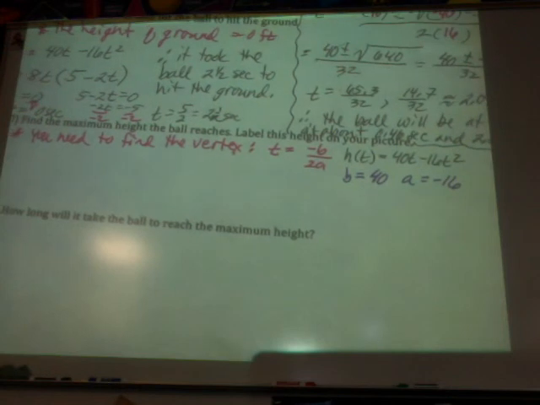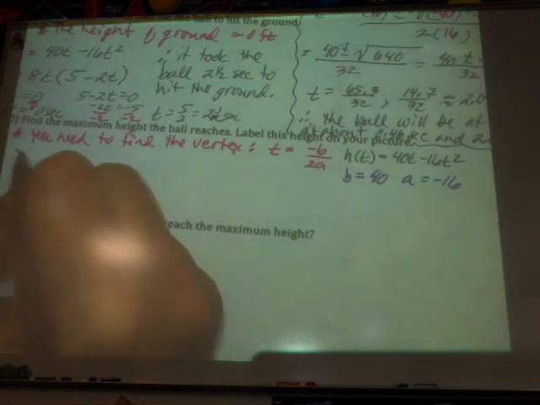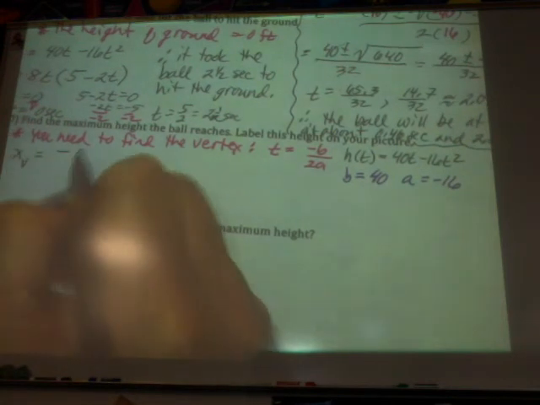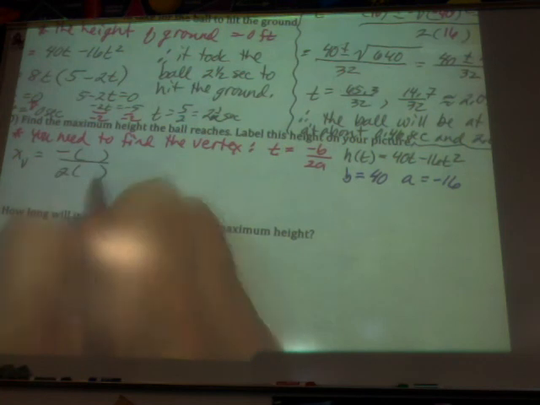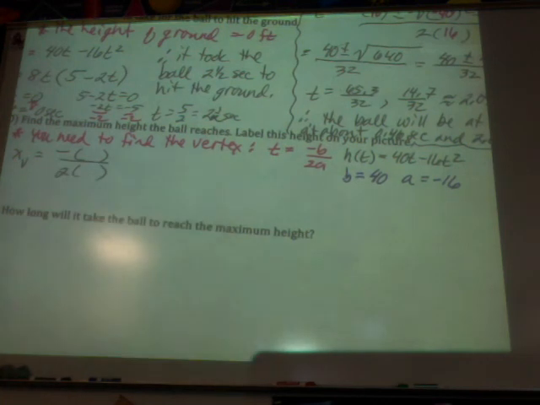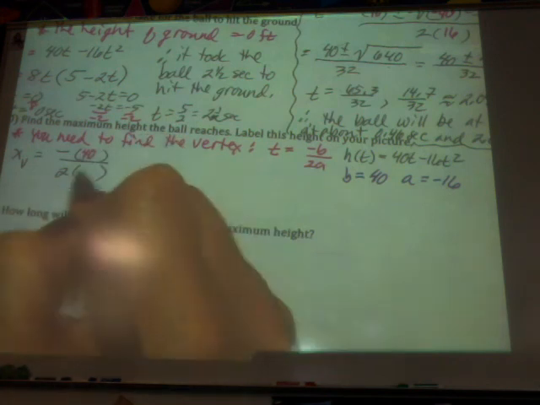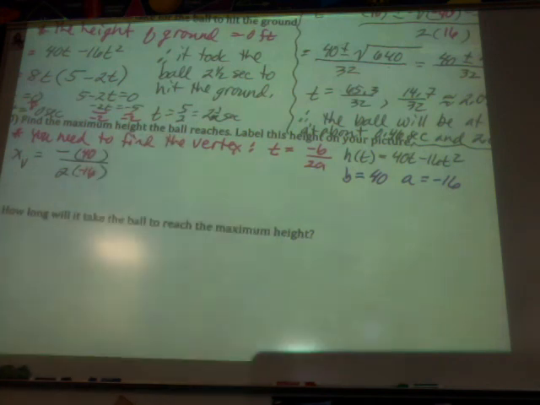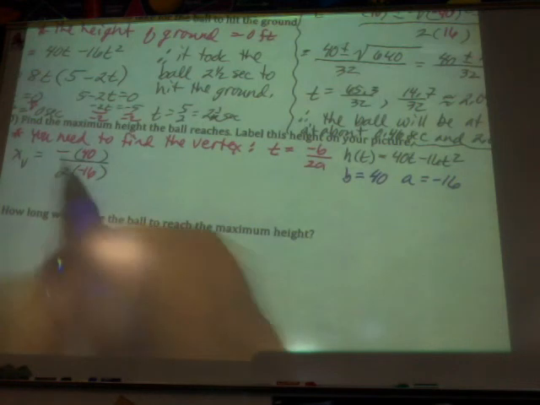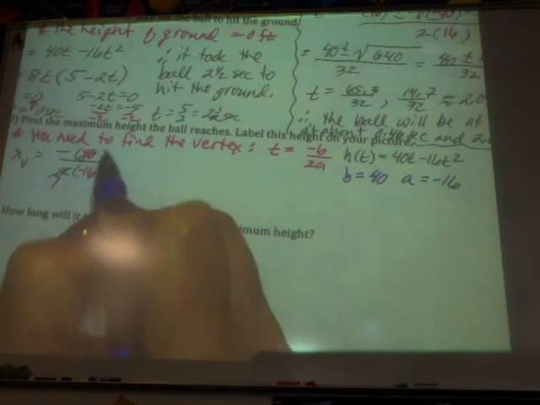And so the x value of the vertex is equal to the opposite of b over 2a. So I'm going to put in here b is 40 and a is negative 16. Won't the negatives cancel out? Can't I cancel this 2 into the 40 20 times?